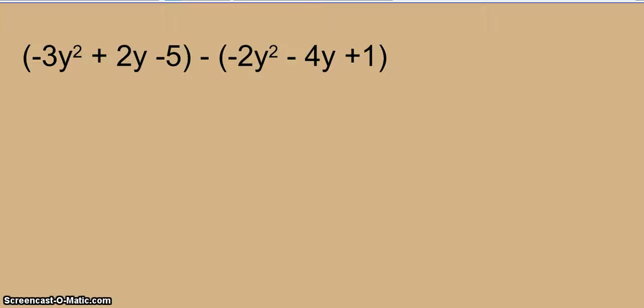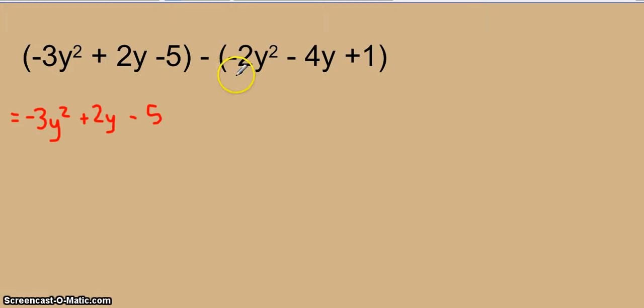Let's look at an example now where we just do it symbolically. Okay, so our first step is to remove the brackets. So the first polynomial just gets written down as it is, so that one's easy. But we need to remember now that we are subtracting every term in the second polynomial.